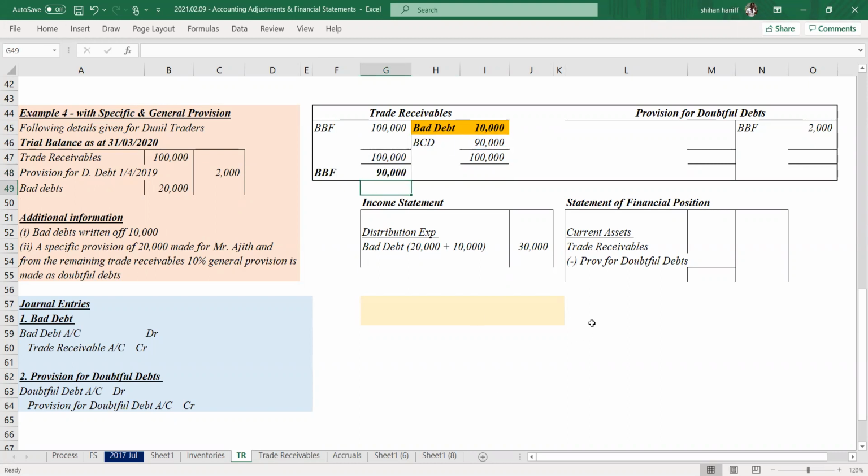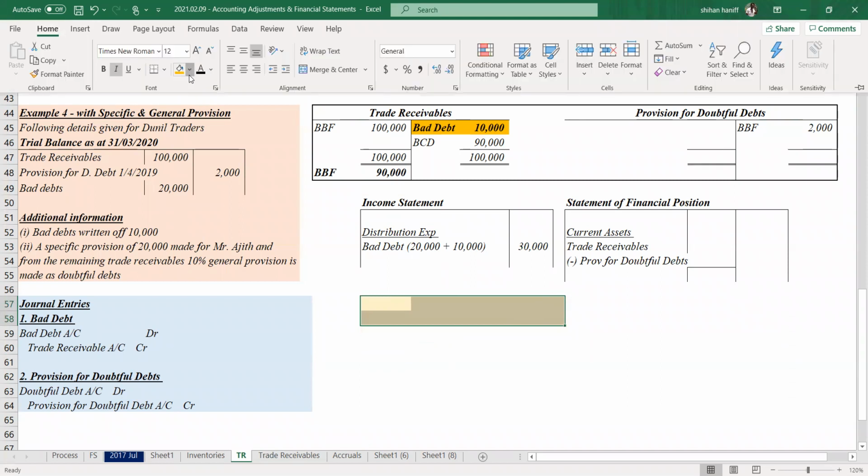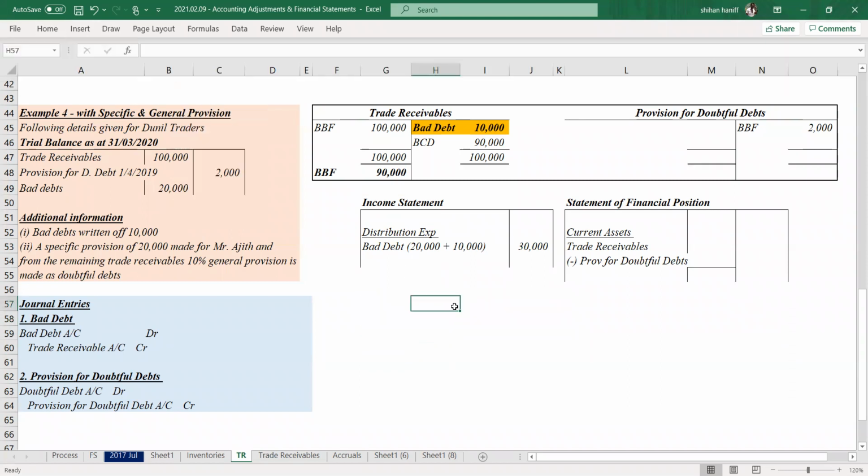Okay. Now the doubtful debt. So when calculating the doubtful debt, there is a specific provision and a general provision. I'll do a working for the calculation.